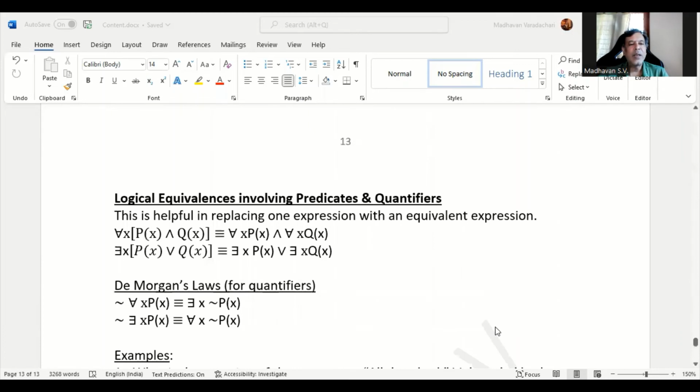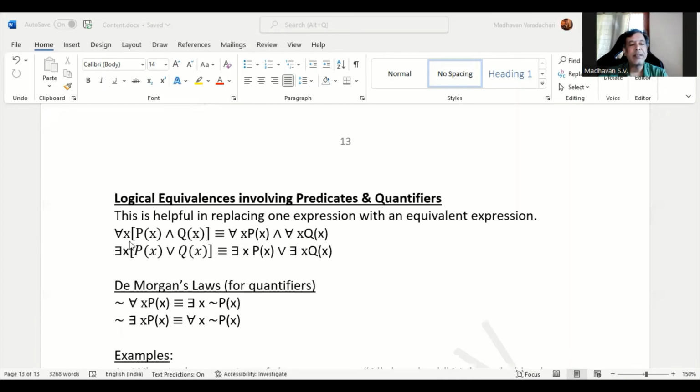Now, there are some logical equivalences involving predicates and quantifiers, which are helpful especially when we want to convert them into English sentences. This is helpful in replacing one expression with an equivalent expression.